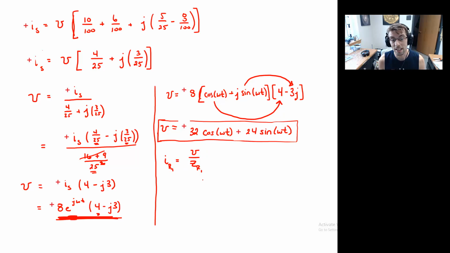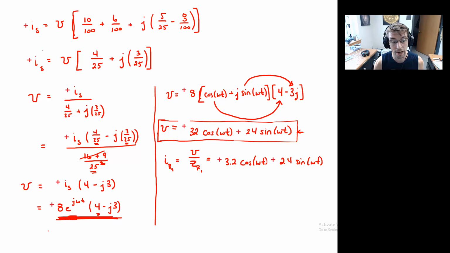But fortunately, the impedance of a resistor is real, and so the only thing I need to do is take the real part of the potential and divide by R. You could put the imaginary part in, but because R is purely real, that imaginary part won't change at all. And so what I end up with is something like negative 3.2 cosine of omega t minus 2.4 sine of omega t. Ta-da!